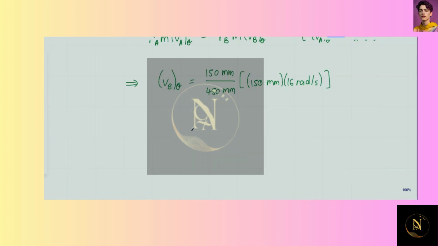And hence we get the transverse component of the collar at point B to be 800 millimeters per second. And this translates to 0.8 meters per second.